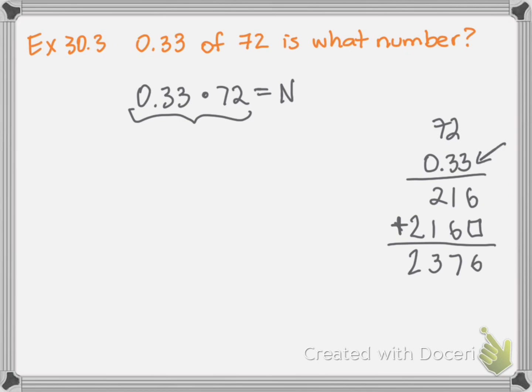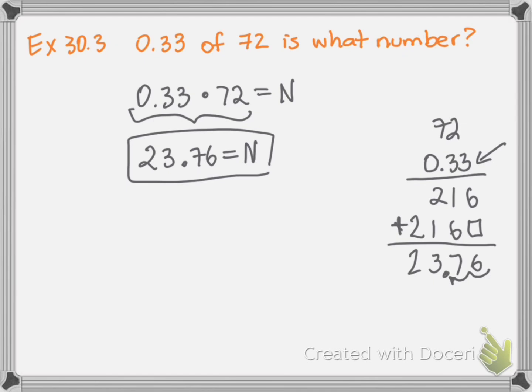So I need to add the decimal in my answer in the second place, because I start here and I move 2 times. So my answer is going to be 23 and 76 hundredths. And that would be n. And that's it. Very simple. Just translate carefully. Okay, have fun, and I'll see you in the next lesson.